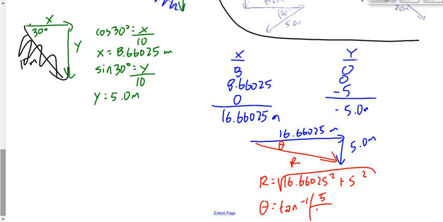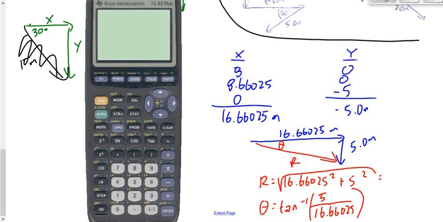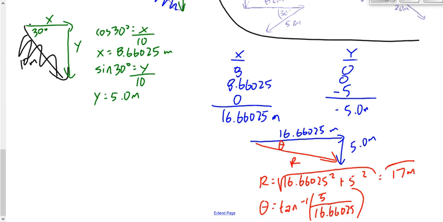So opposite over adjacent, 16.66025. Okay, let's figure this out. We're going to say 16.66025 squared plus 5 squared. We're going to square root that. 17.4, which I think we're going to round to 17 meters.